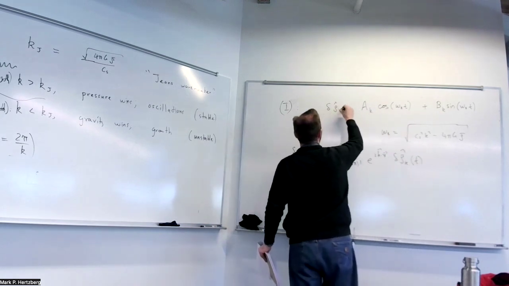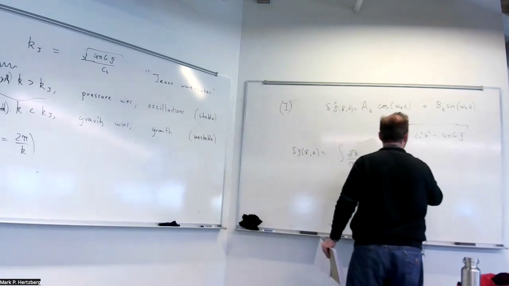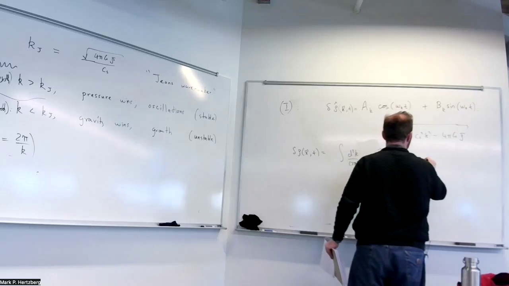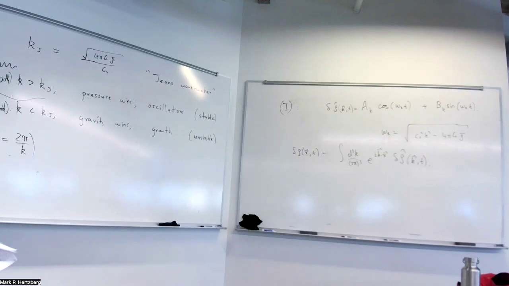I can write k explicitly, k comma t, or you can put a subscript. It doesn't matter too much. So every one of the Fourier modes would just oscillate. And then the full theory is just a sum or integral over all those Fourier modes.